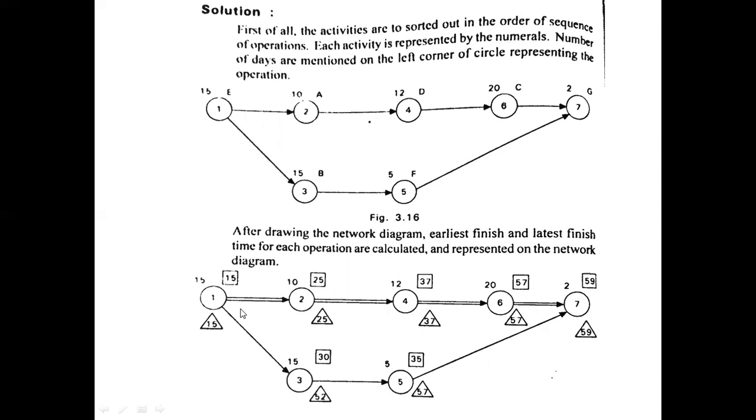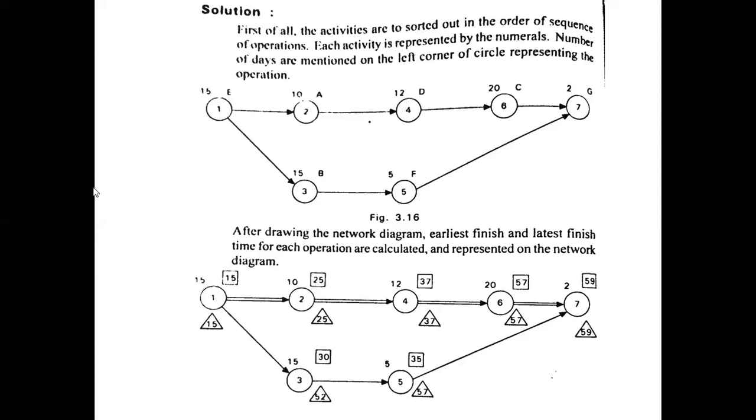So we have to connect all the activities which have the slack as 0, or which have both the latest finish time and earliest finish time equal. 1, 2, 4, 6, 7: all these activities have the same latest finish time and earliest finish time, and for all of them the slack is 0.